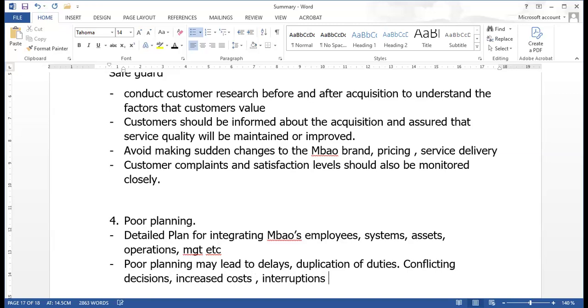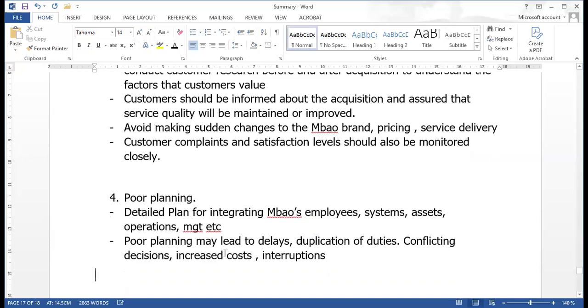They also understate the time required to introduce new systems. Where integration costs become high, you're reducing the benefits. All this has an impact on what? On the return.